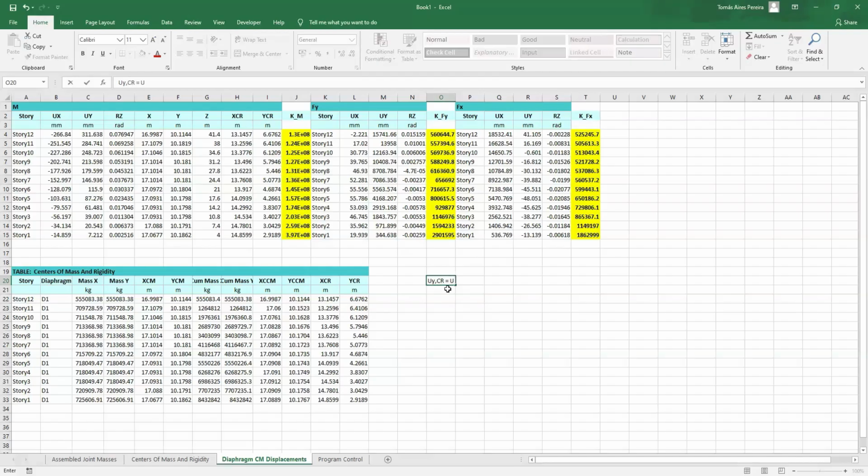The delta of the center of stiffness is basically the center of mass plus this eccentricity, which we will call E0x, times the rotation. The same then applies to the other coordinate in x. We are going to calculate our E0x now.